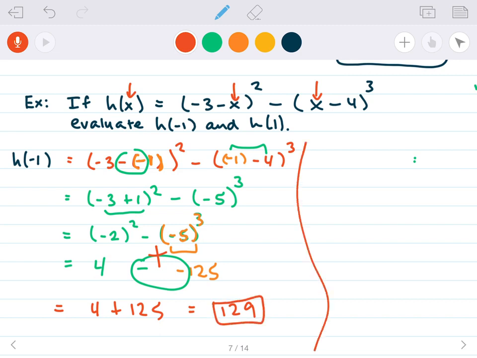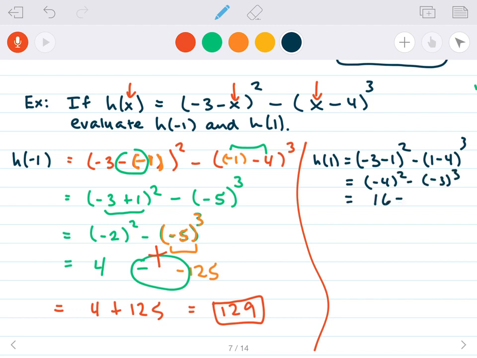Let's do h of +1. This will be a little easier because I don't have to worry about the parentheses since we are not worrying about signs. So I have -3 minus 1 squared minus 1 minus 4 to the third. -4 squared is 16. -3 to the third is -27.